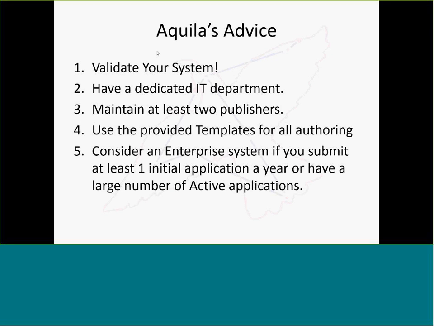And generally, from a strictly economic standpoint, enterprise systems only make sense if you do at least one NDA application a year or have a huge number of active applications. They're fairly simple.